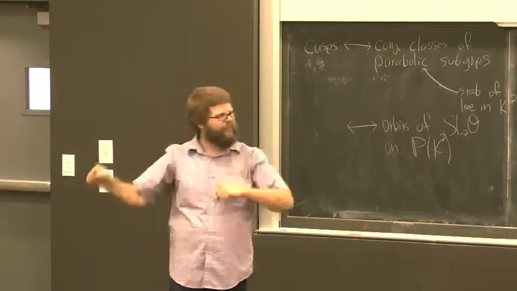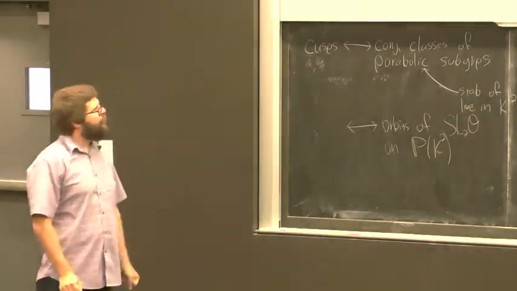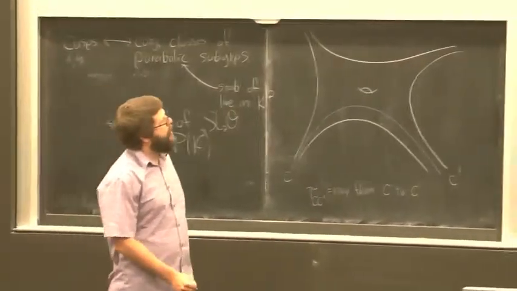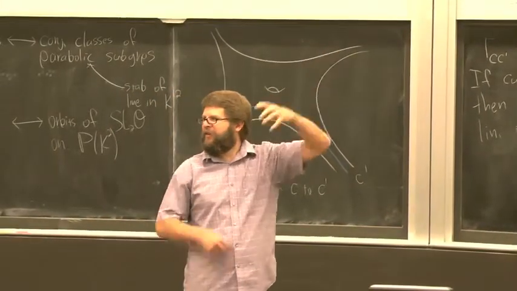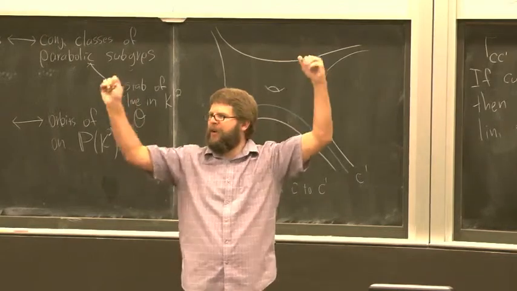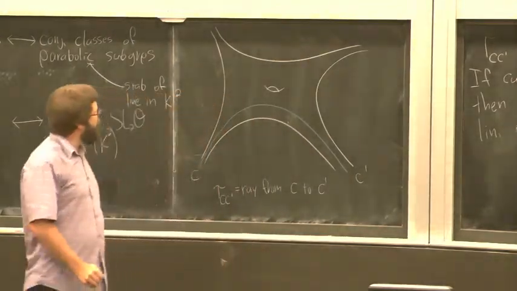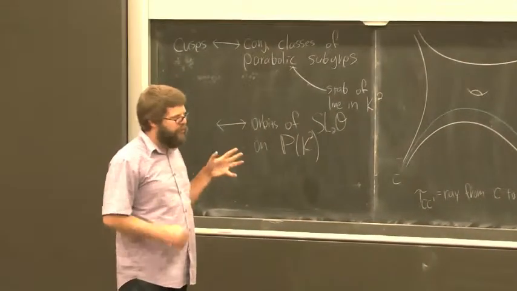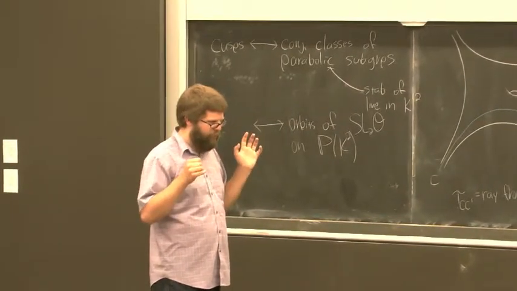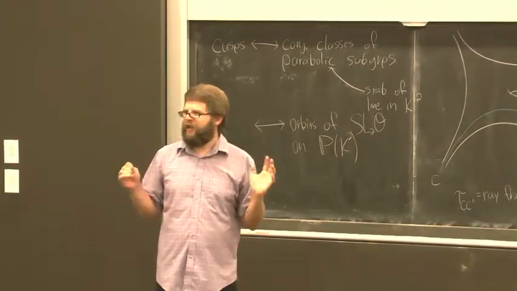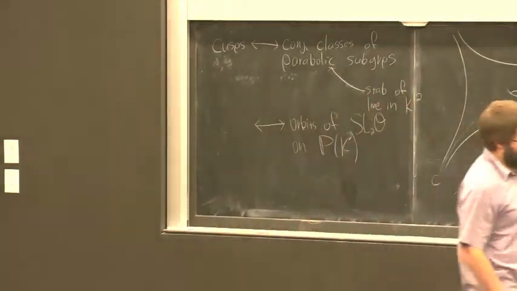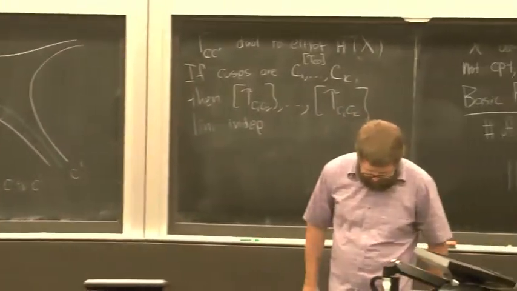You have to do something more subtle, and that's good because I actually produce a lot more stuff. In general, the cohomology we construct comes from a more subtle analysis of the geometry of infinity.